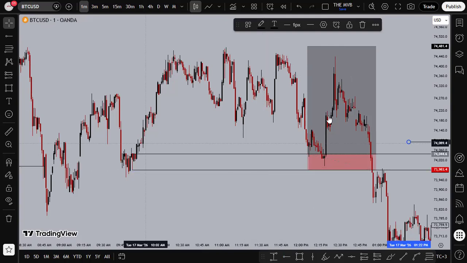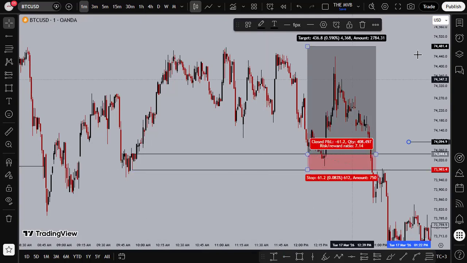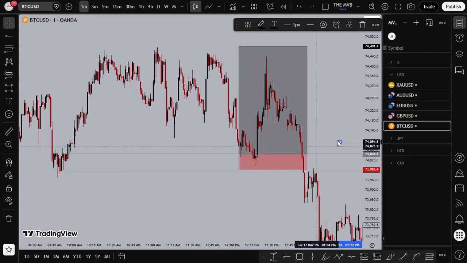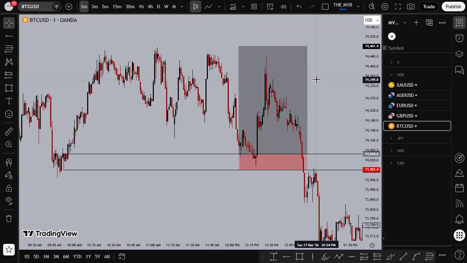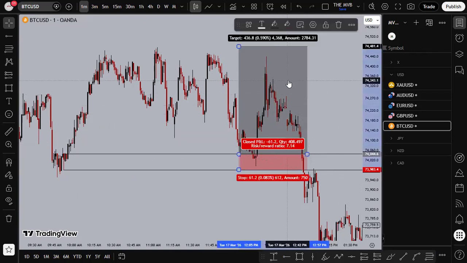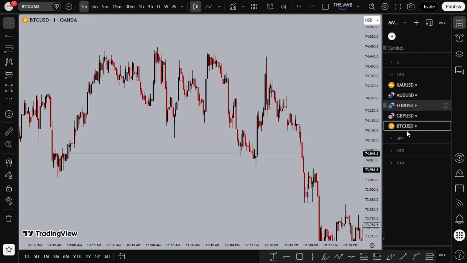Crazy, but it was a good trade. This shows you that it's not guaranteed that you're going to win most of the time. So you have to be prepared in scenarios like this, stopped out and that. So it's okay.